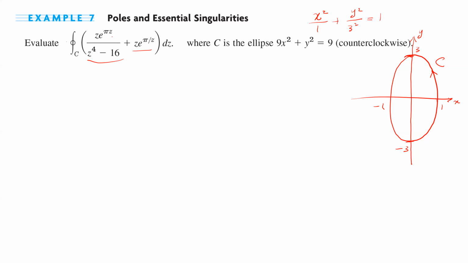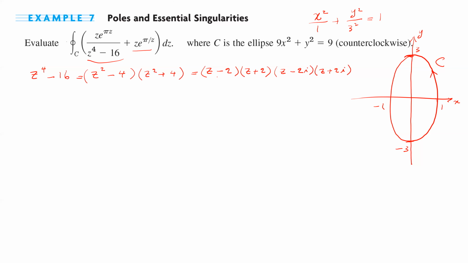All right. So the numerator, as I said, is analytic. The denominator, z to the 4th minus 16, is z squared minus 4 times z squared plus 4. And z squared minus 4 can be written as z minus 2 times z plus 2. And z squared plus 4 can be written as what? z minus 2i times z plus 2i, right?